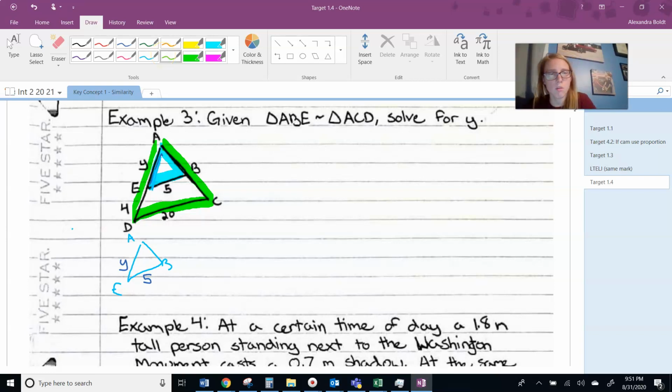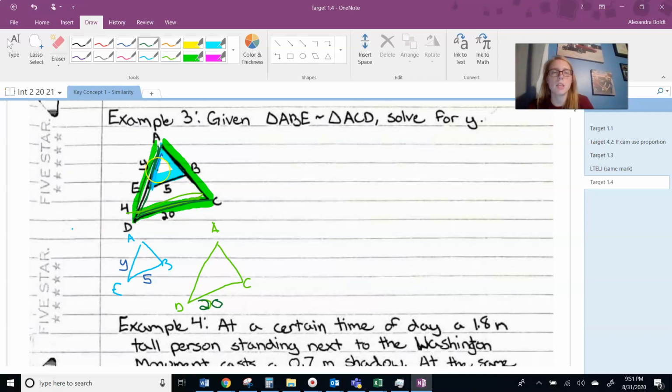Then my green triangle, well, again, this one side is easy. It's just 20. I'm going to use the dark green to show what that is. This side is more difficult, okay?